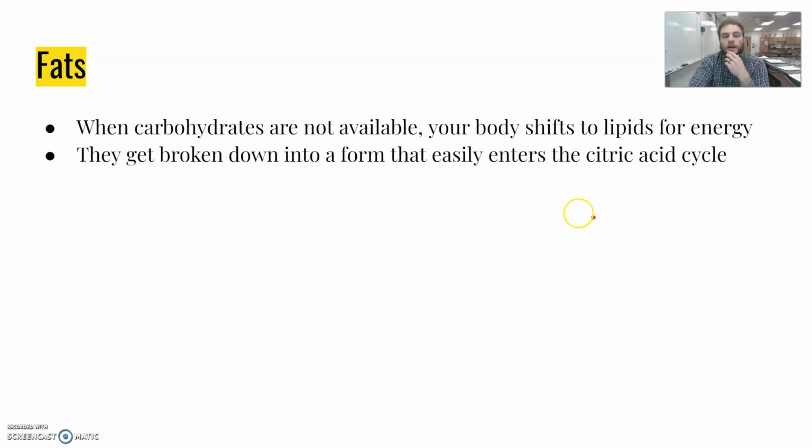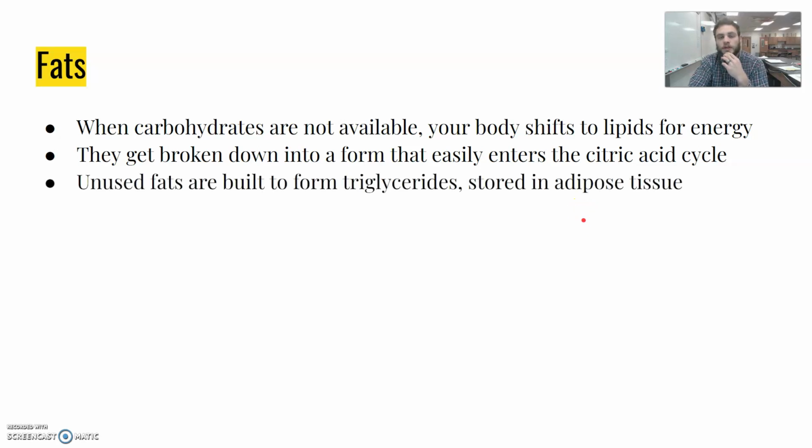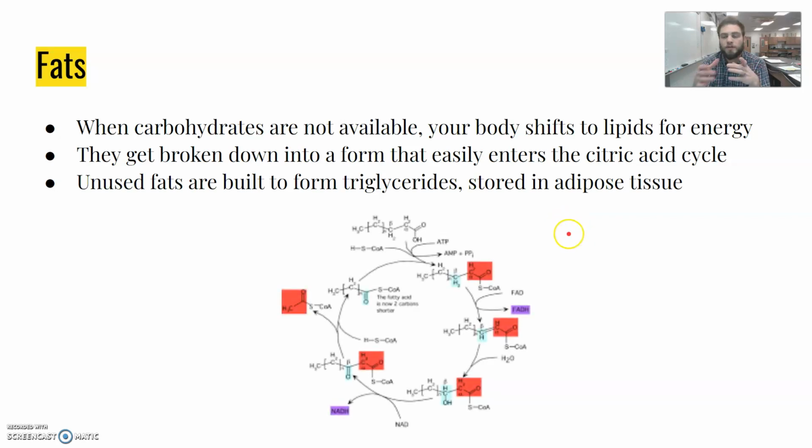So fats, when the body is using them for energy, get broken down into a form that readily enters the citric acid cycle, which you might remember is the third part of cellular respiration. Any unused fats, though, are going to be turned into triglycerides and then stored in adipose tissue, which you can actually view under a microscope. It looks like a faintly yellow, whitish yellow empty cell, just because the triglycerides don't really have much of a color.